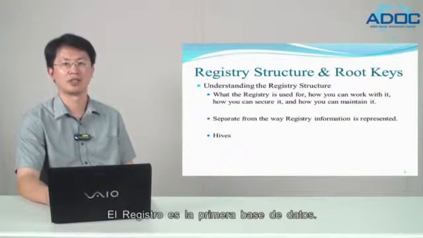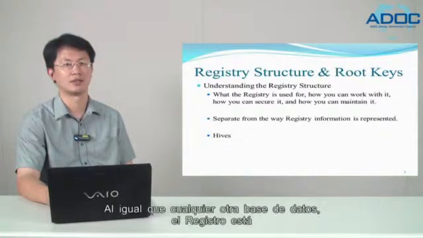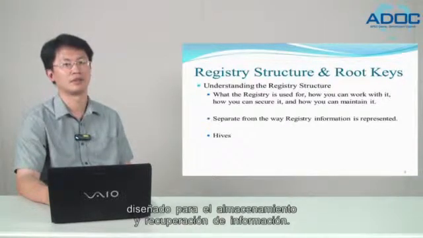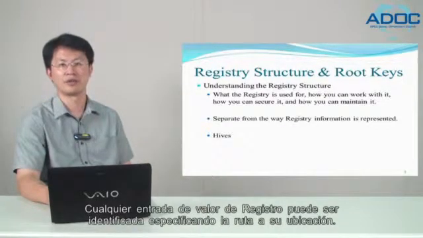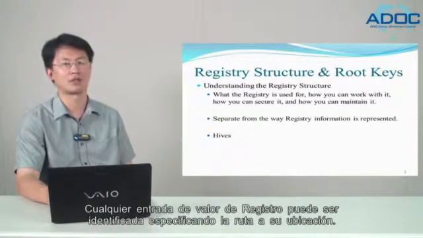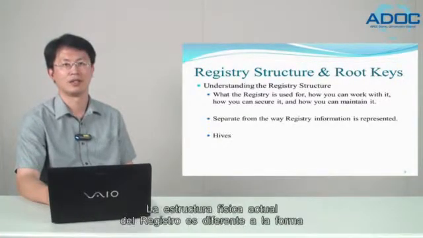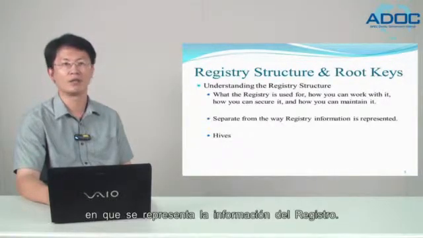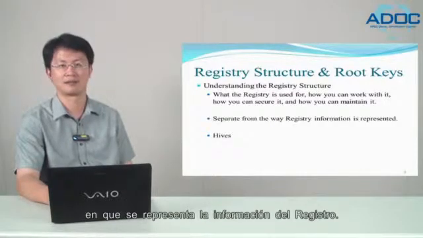The registry is first a database. Like any other database, the registry is designed for information storage and retrieval. Any registry value entry can be identified by specifying the path to its location. The registry's actual physical structure is separate from the way registry information is represented.